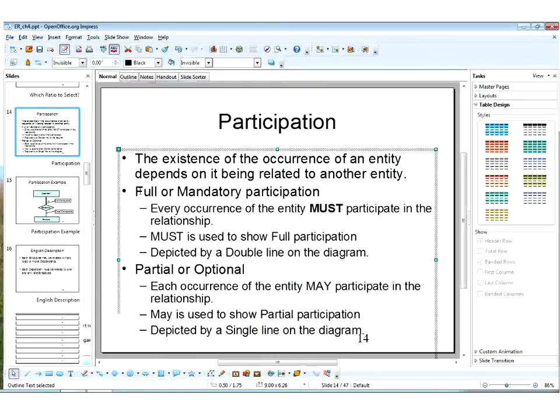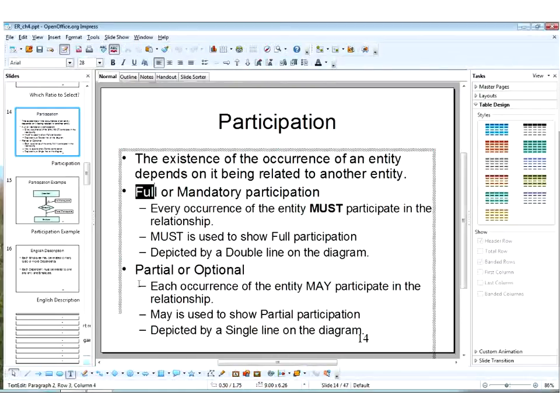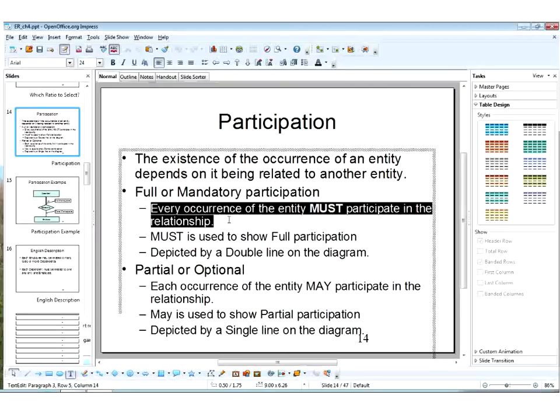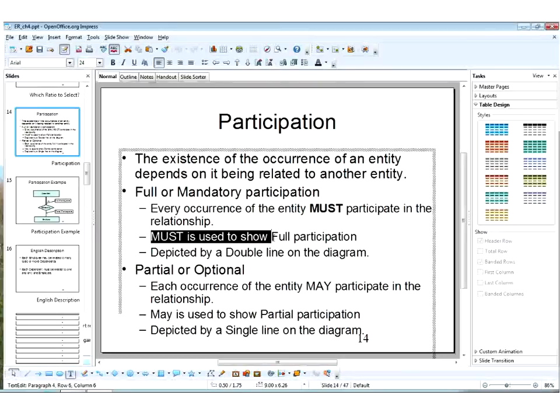Okay? And there are two types. There's full and partial, and they're also called mandatory and optional. Now, with full participation, guess what? That entity must participate in the relationship. I bet you already knew that before I even said it. Okay? Must shows full participation. Okay, makes sense.